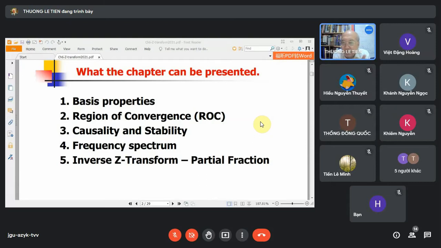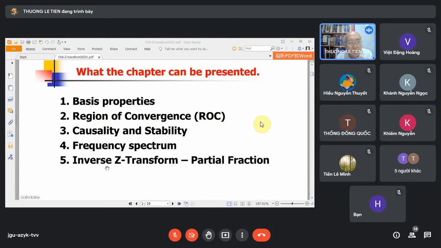Instead of using frequency and a Bode plot to sketch the magnitude and phase response, we can use the Z function. We base it on the Z function and draw the magnitude response, that means the function versus omega. It is very easy and comfortable when we use that one.